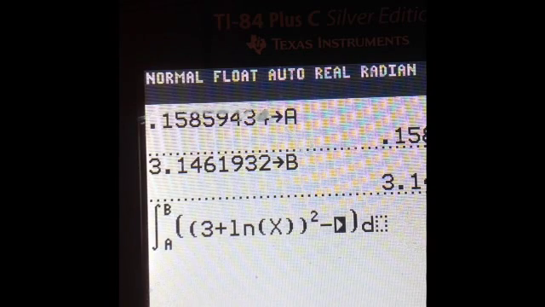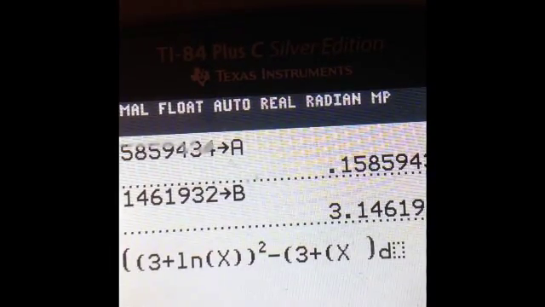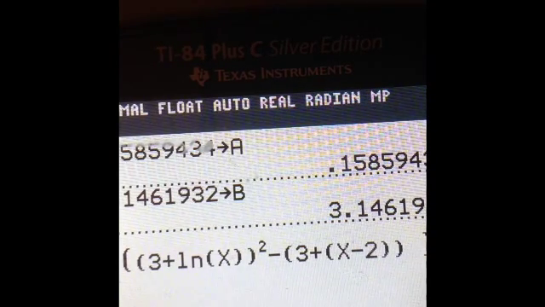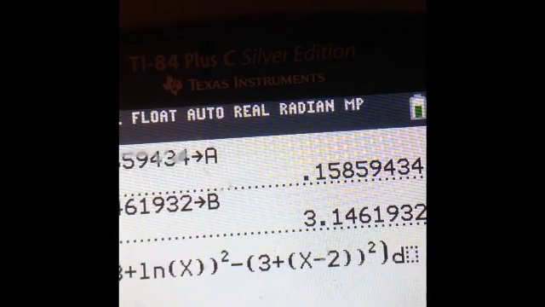And then minus, parentheses 3 plus parentheses x minus 2, close that parentheses, close that off, and put a square, and put dx.